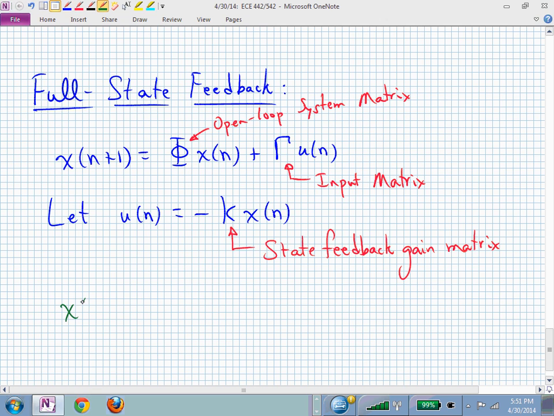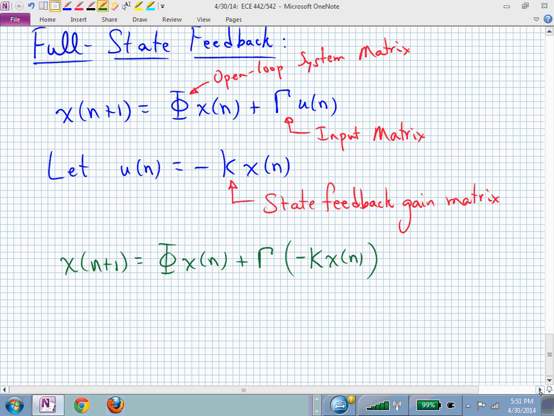We now have x of n plus 1 is equal to phi x of n plus gamma, but now u is going to be replaced with a minus k x of n. Meaning k, this matrix, has to be compatibly dimensioned with all these other matrices.